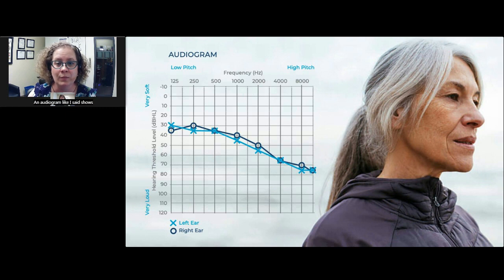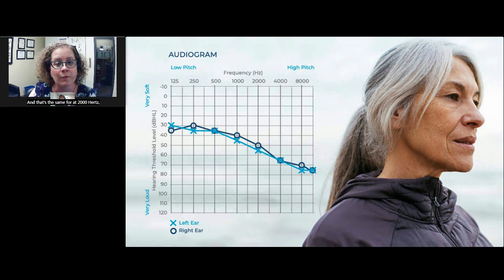An audiogram, like I said, shows how loud sounds need to be in order for them to be heard by you. So, for example, if your pitch at 500 hertz measures at 30 decibels, what that means is the sound has to be a minimum of 30 decibels for you to just be aware of it. So any sound below 30 decibels, your brain cannot hear it.